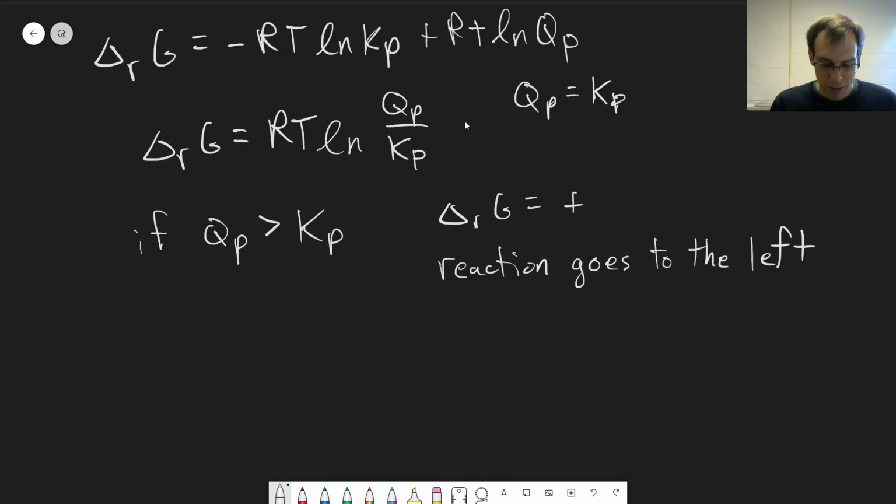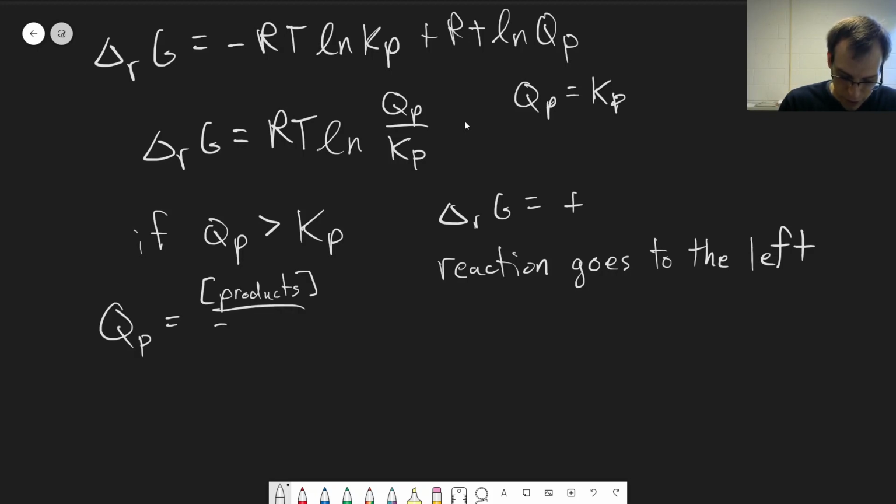And the easiest way to think about this is if we remember the definition of Qp, is that we have the concentrations of our products on the top and concentrations of reactants on the bottom. If Qp is bigger than Kp, that means this value on the top is larger than it needs to be for equilibrium.